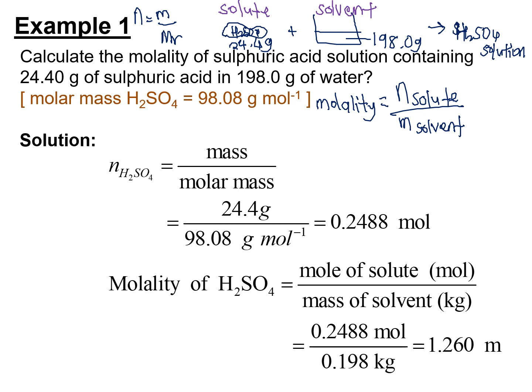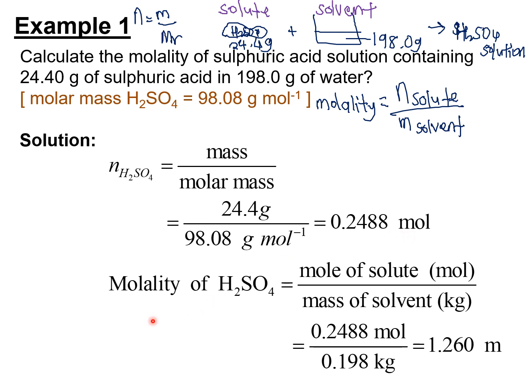Molar mass of H2SO4 adalah 98.08 gram per mole. Okay. So you bagikan mereka berdua, gram potong dengan gram, tinggallah mole. So number of mole of solute, number of mole of H2SO4 ni adalah 0.2488 mole.